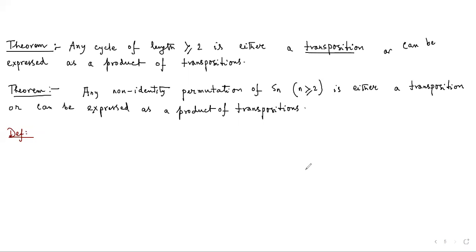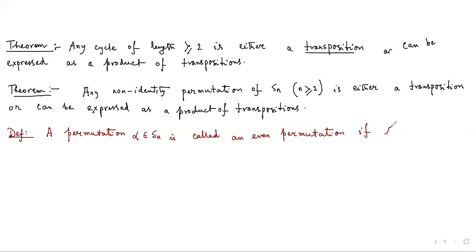One definition that is very important in this regard is this: a permutation alpha belonging to Sn is called an even permutation if alpha can be expressed as a product of an even number of 2 cycles.